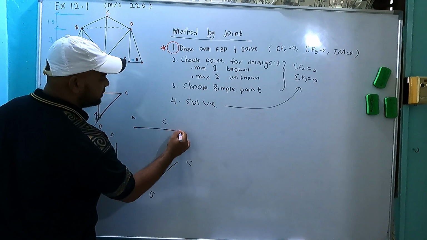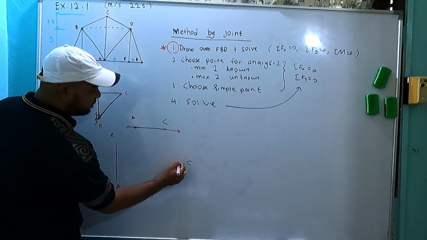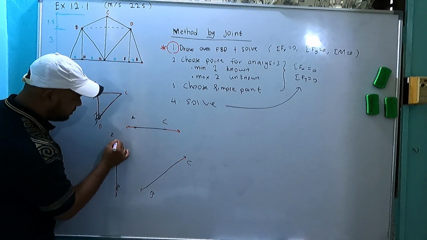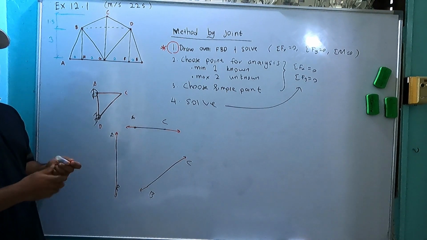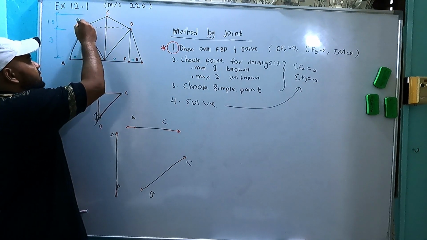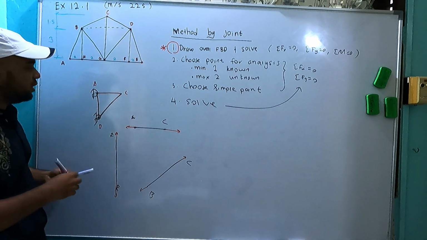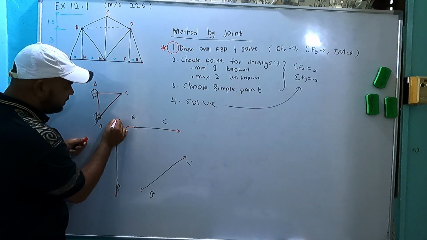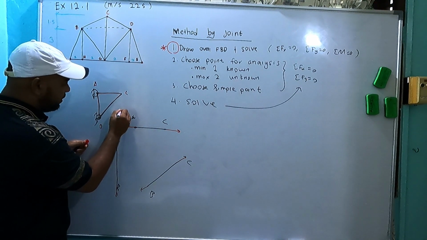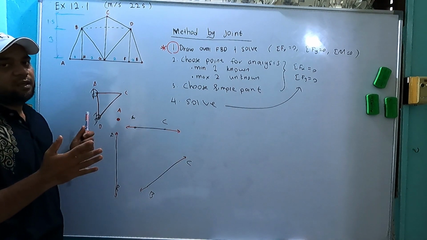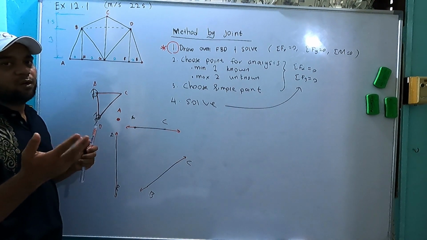If I draw it in tension, it will be this way, this way, and this way. And there's one more thing here: we consider the joint itself. Here is the joint, so the joint must have the same forces. This is the joint point A. Point A must have the same force magnitude but in the opposite direction.